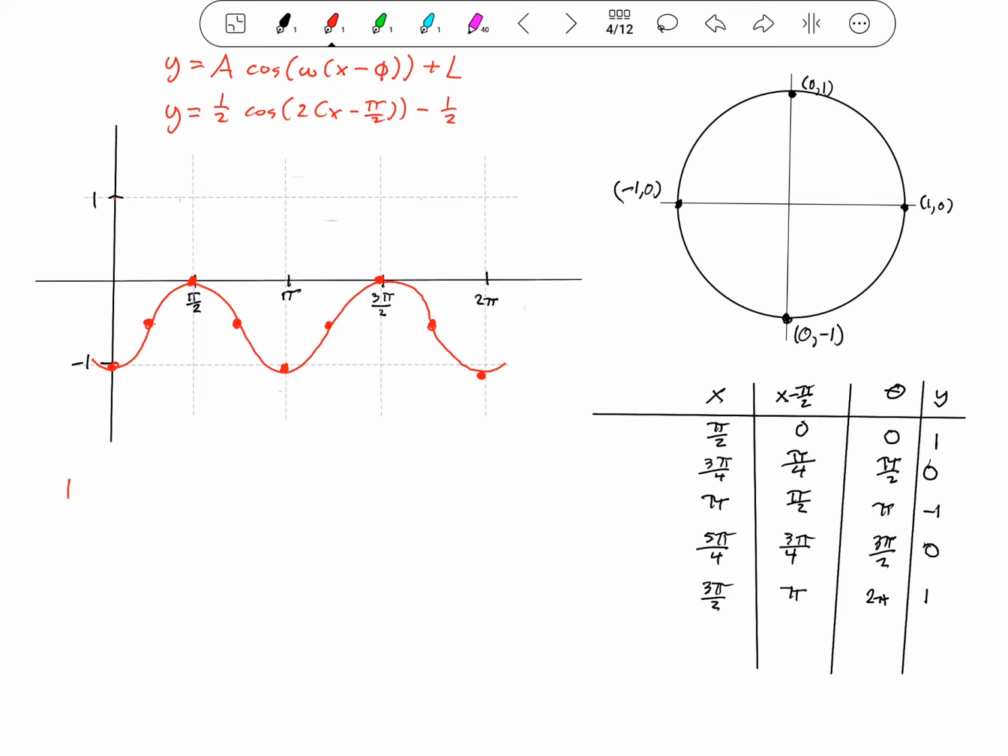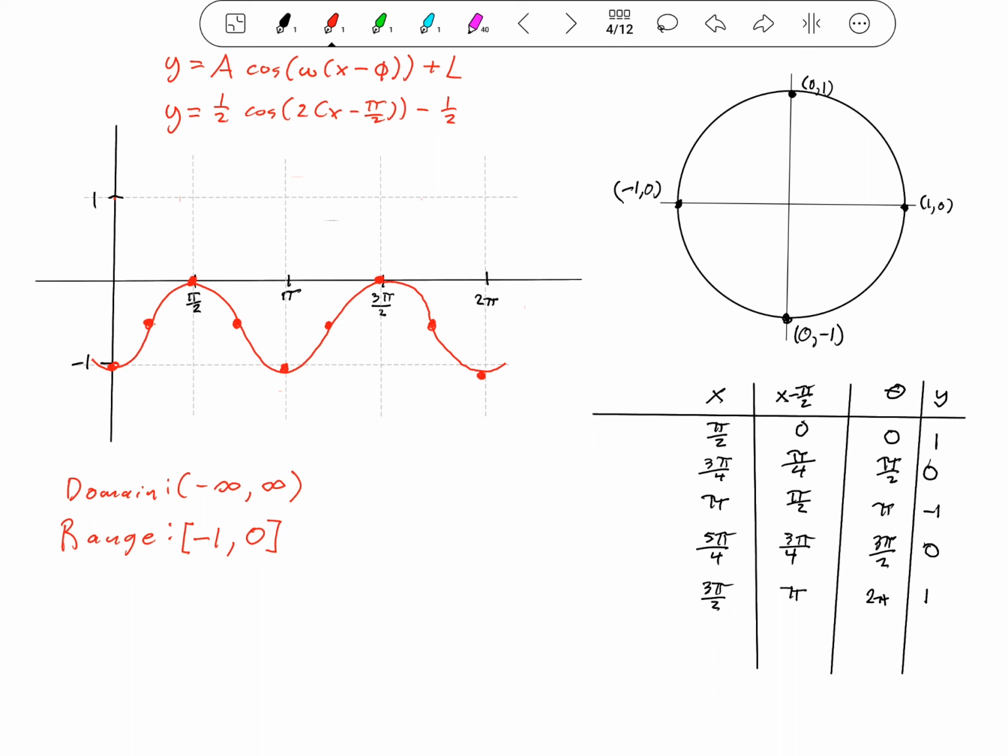It has a domain of negative infinity to infinity. My range is, because of the multiplication by 1/2, only half as tall. Moving down by 1/2 means that my range goes from -1 to 0.